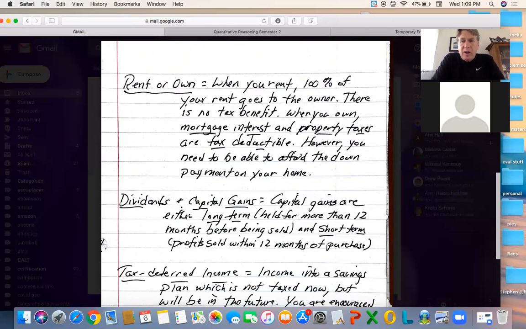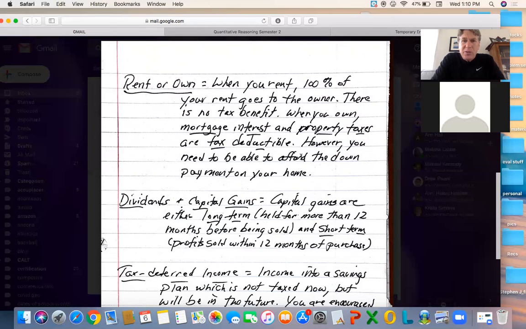That $6,000 can get deducted from your taxable income to lower your tax burden. Plus, you're paying monthly mortgage, and a percentage of that goes to interest, and all that interest that you pay is tax deductible. So owning helps you in the tax world. So it's better to own than rent.